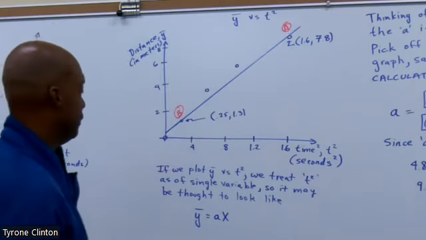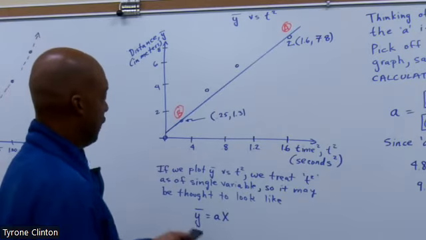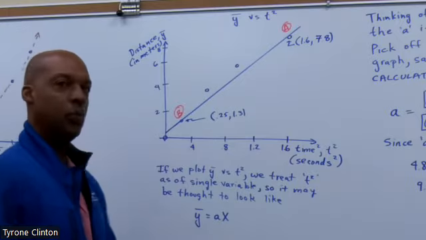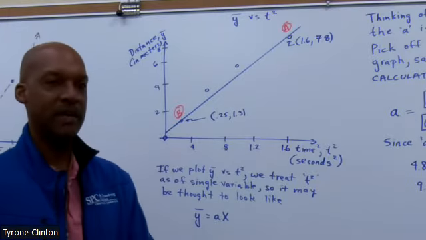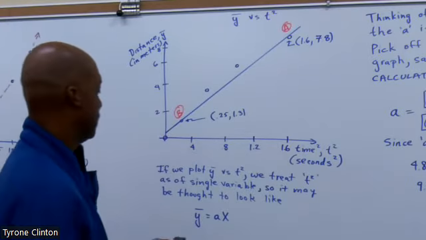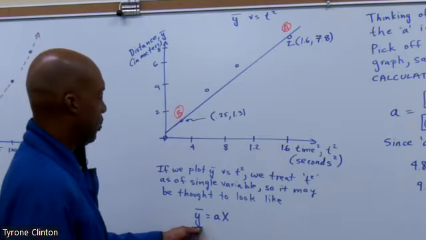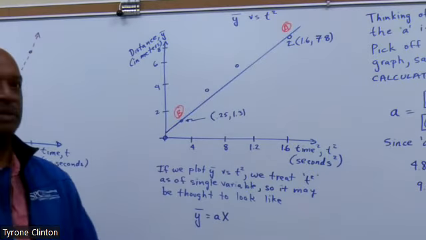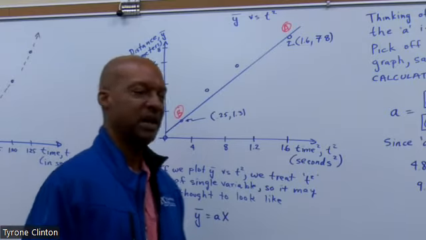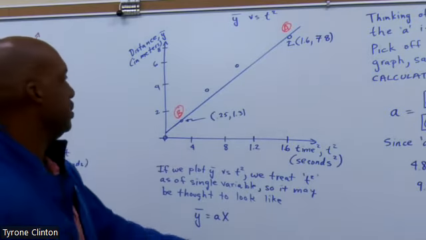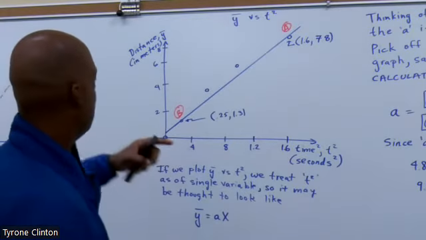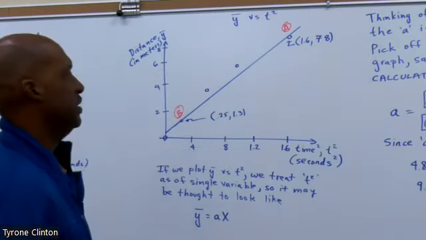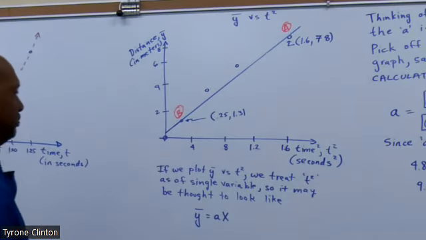So a line is going to have a form y equals mx plus b, right? So instead I wrote y equals ax. I didn't want to use m because in physics we use m a lot for mass, meters, and I've already used meters in this problem. So I just wanted to switch it up just a little bit.